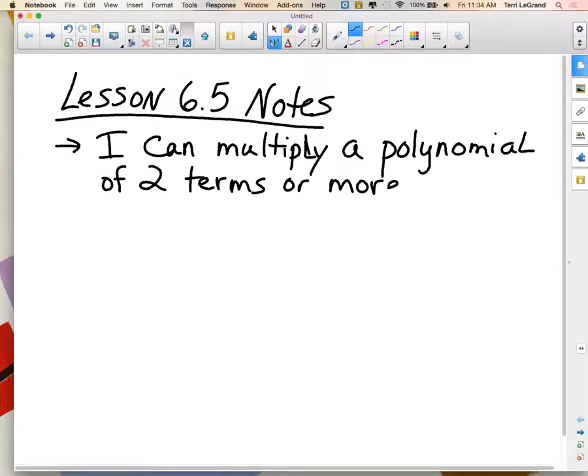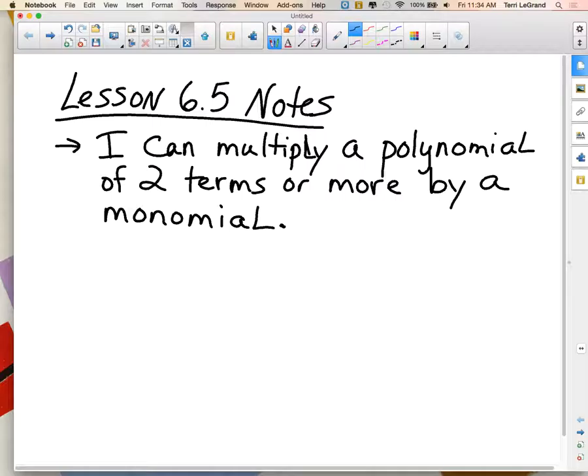As soon as we hear that there are 2 terms, or even more than 2 terms, we know that within that polynomial there's some addition or subtraction going on, or maybe a combination of both. And the polynomial is going to be multiplied by another polynomial, but a specific polynomial, a monomial one.